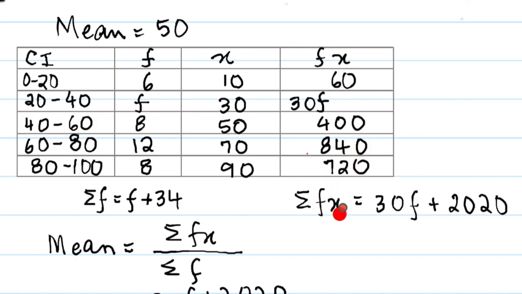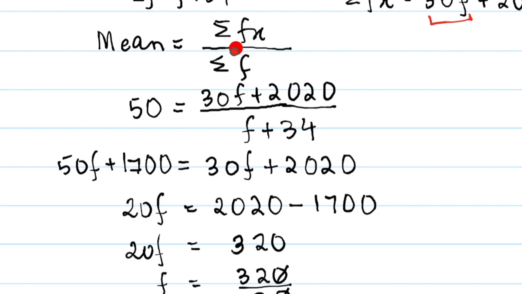So we get sigma fx equal to 30f plus we add this is 900, 1300, 2020. Okay, so we get this as the total for fx, and here also it will be f plus 34. Okay, mean value is sigma fx upon sigma f.